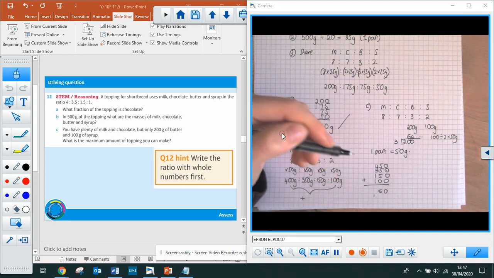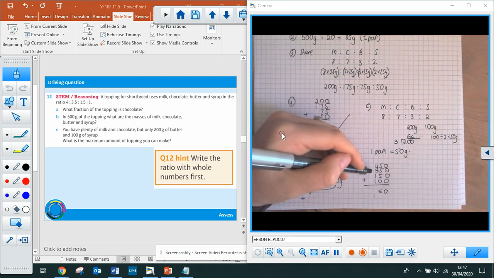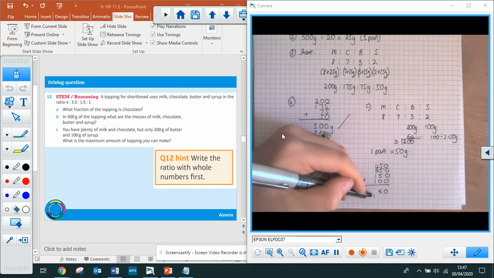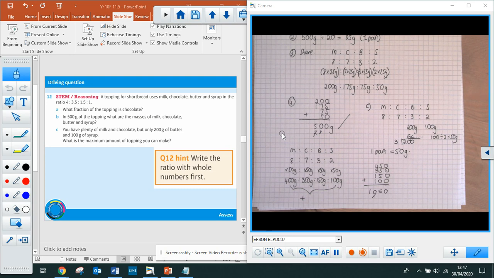So 5 carry 1. 4 add 3 is 7, add 1 is 8, add 1 is 9, add 1 is 10. Okay? So that's 1,050 grams of topping. That's your answer there. Okay?